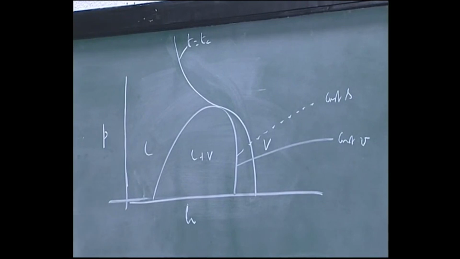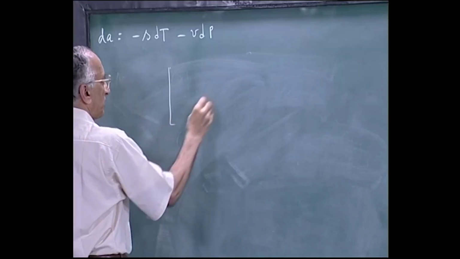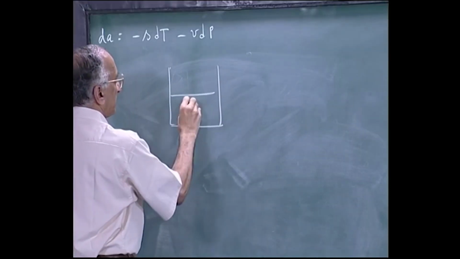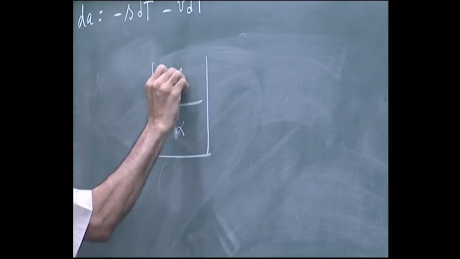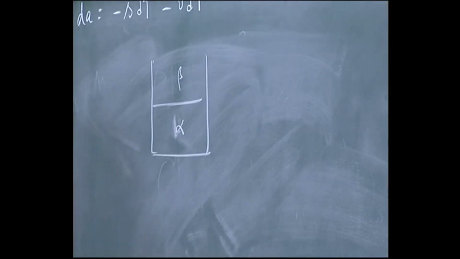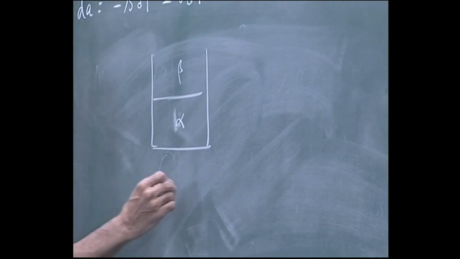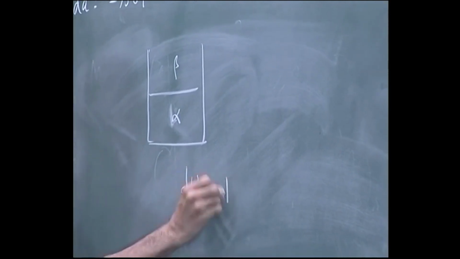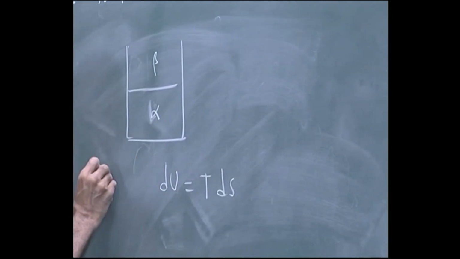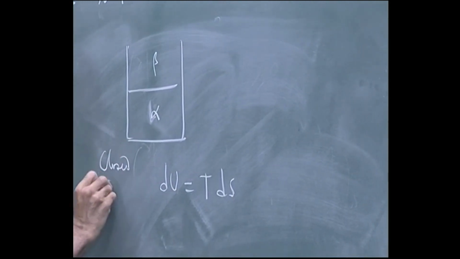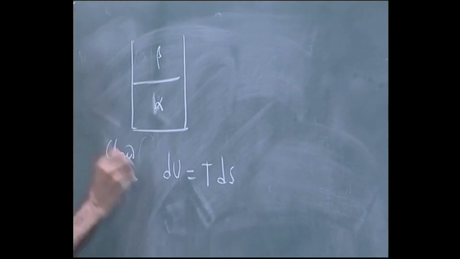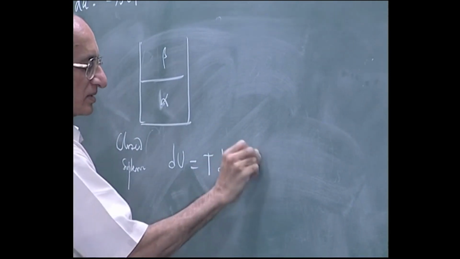So if I am looking at work comparisons, suppose I have a pure fluid, I have an alpha phase and a beta phase. If I write the two laws down, I have TdS for a closed system, TdS minus PdV.